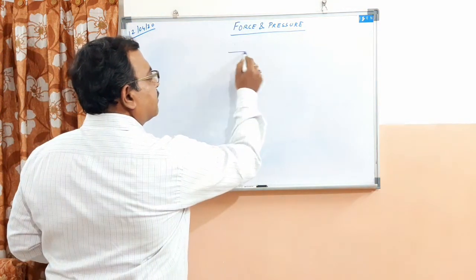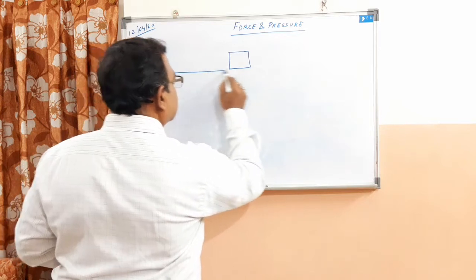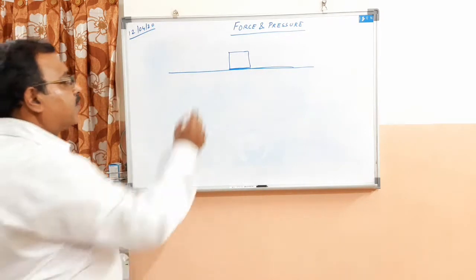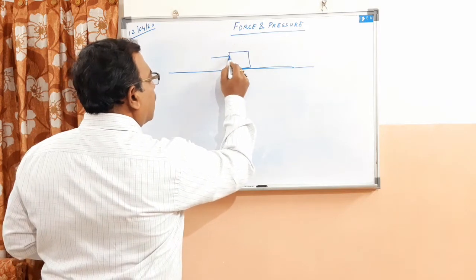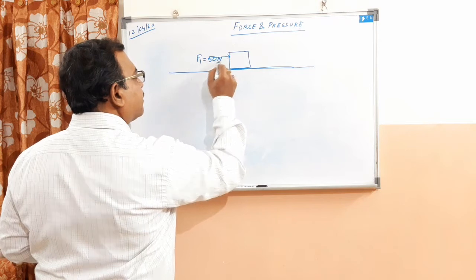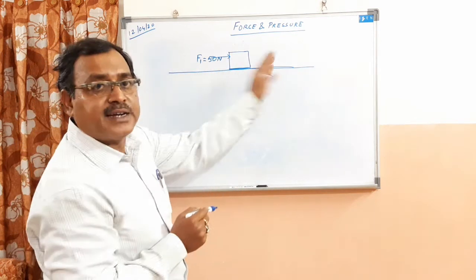Now, supposing this is a box lying on the ground. A force F1, say of 50 Newton, is applied from left to right.